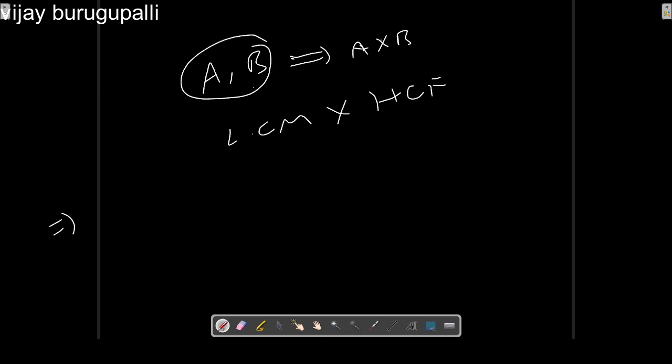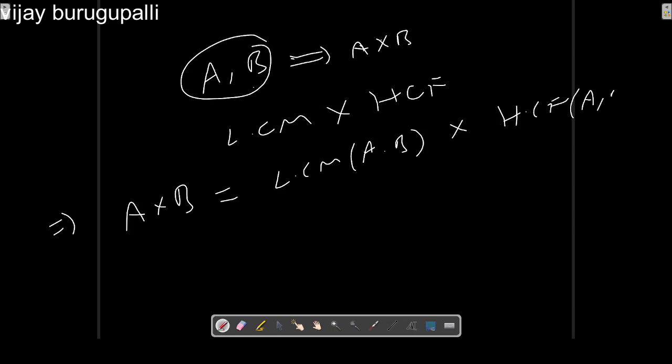To write it as an equation, the product of A and B will be the product of LCM of A and B and HCF of A and B.